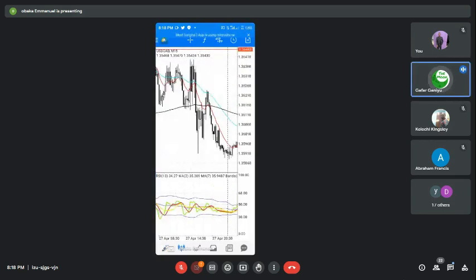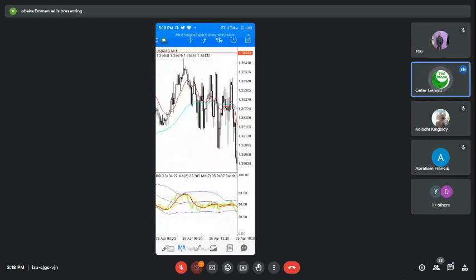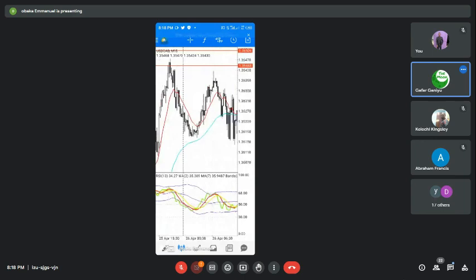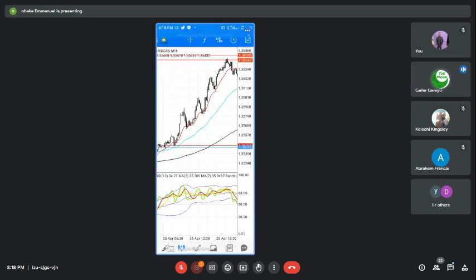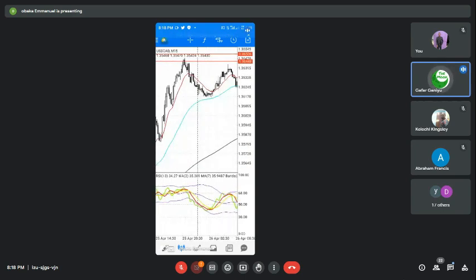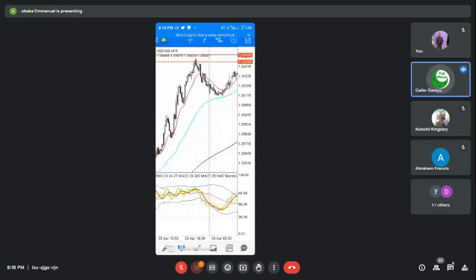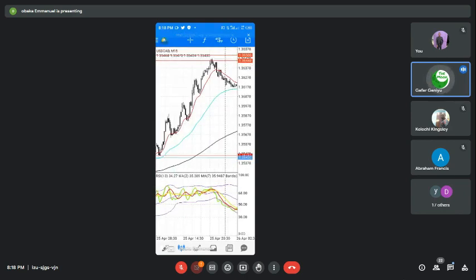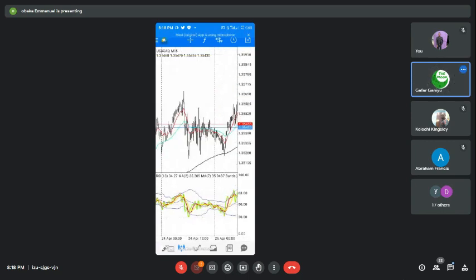That is on the 25th. Because it took out the liquidity, but they didn't sell. They took out the liquidity of the high of the previous day.